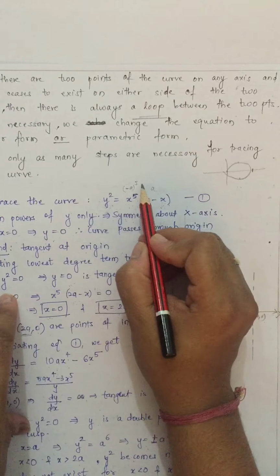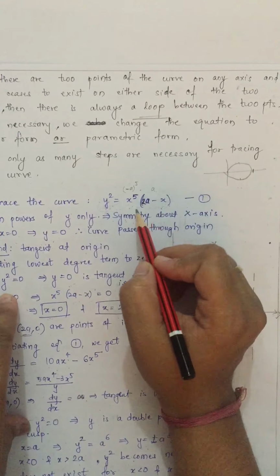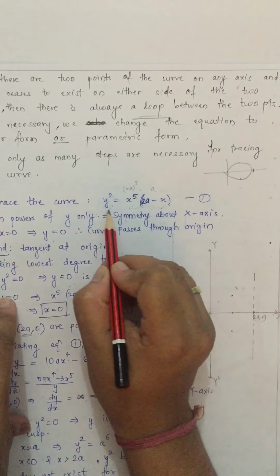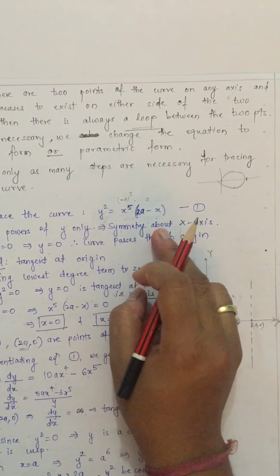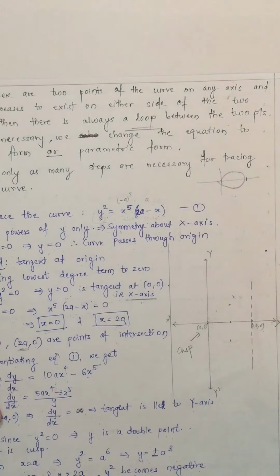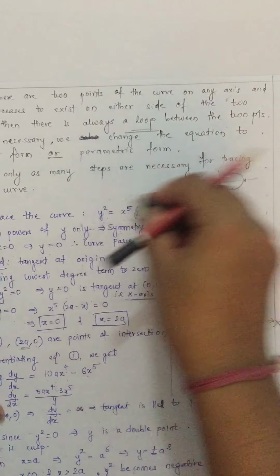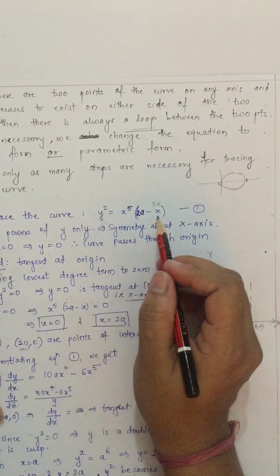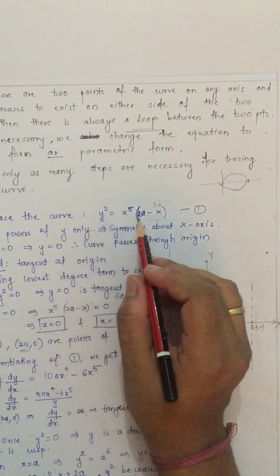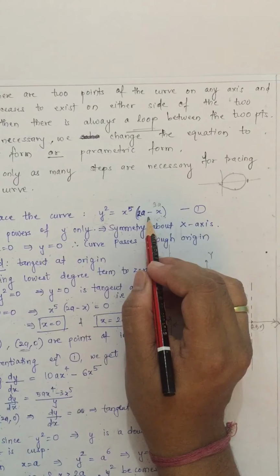Minus a raised to 5 is negative, so y square becomes negative, that is imaginary. Now if I substitute a value greater than 2a, suppose x equal to 3a, this becomes 2a minus 3a, that is minus a, so y square becomes negative, that means imaginary.